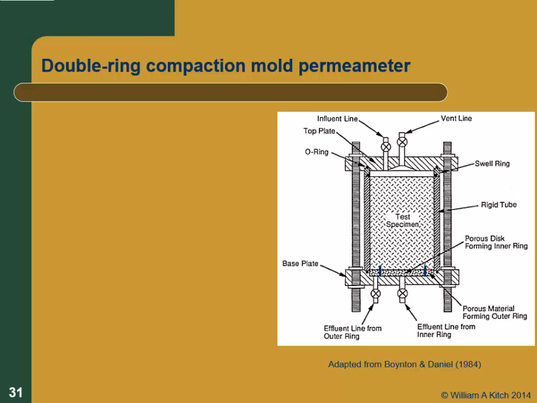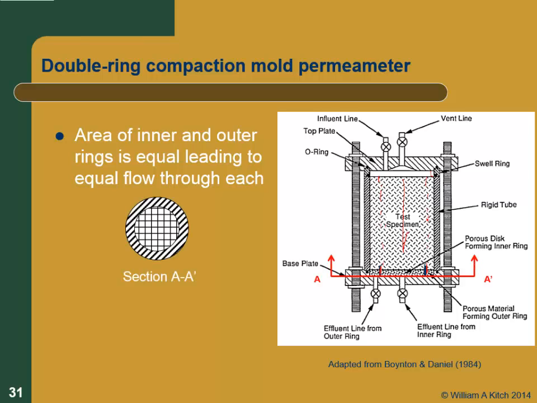There is a variant on this one to get around the problem of sidewall leakage, and that is you put a little ring inside here that divides the inside of the specimen from the outside of the specimen. So the idea is that you've got two different flow paths, one inside and another outside, and that little ring is set up so that the area inside the ring is equal to the area outside the ring.